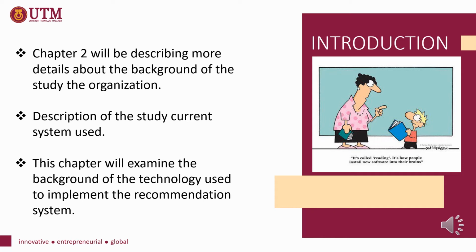The purpose of this study is to identify the appropriate features and functions so that they can be implemented into the proposed project system. Finally, this project will examine the background of the technology used to implement the recommended system. This study can help in the development of a highly organized and systematic application in order to facilitate users.